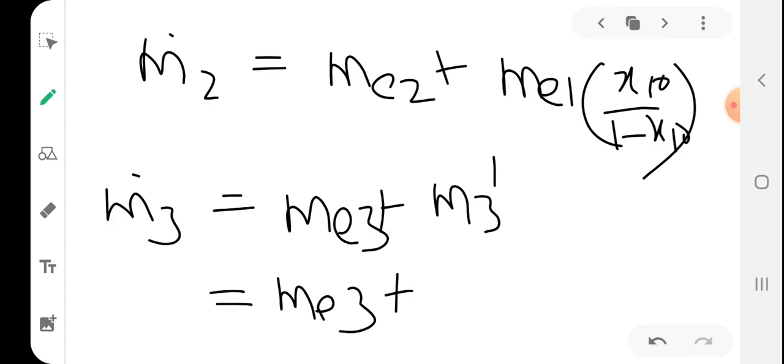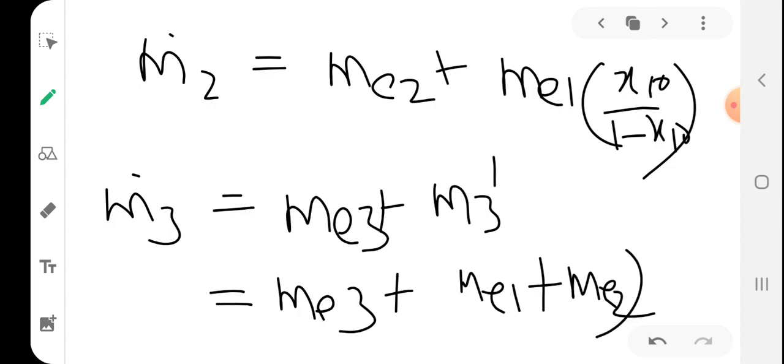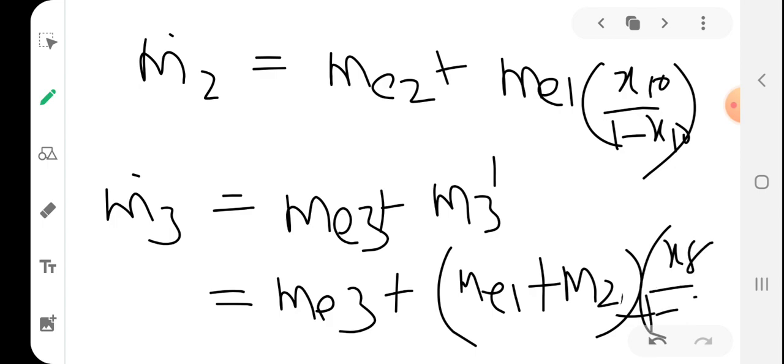Me3 plus m3 dash will be me1 plus me2, sorry, make it m2 into x8 by 1 minus x8.